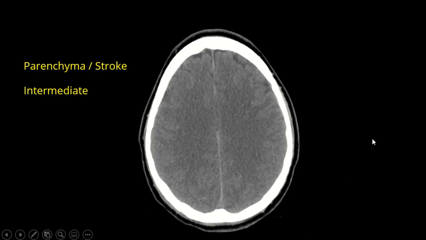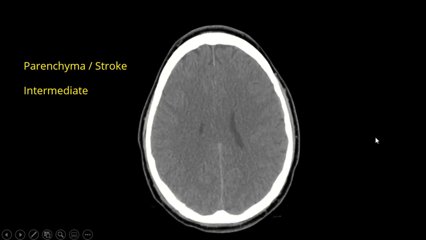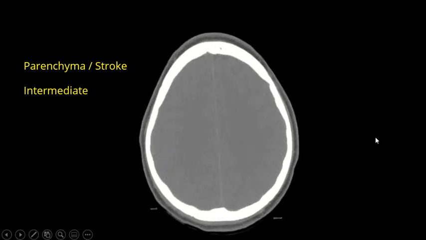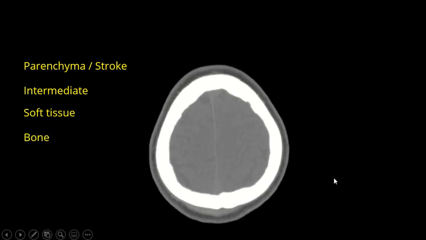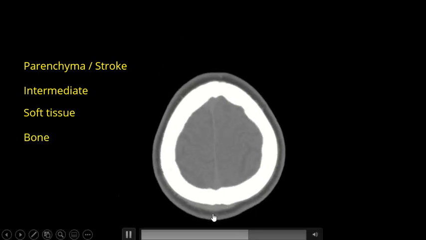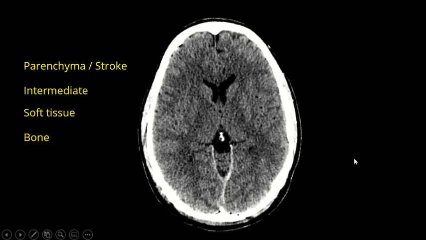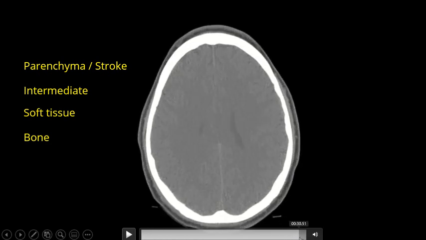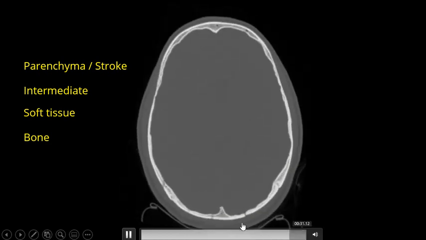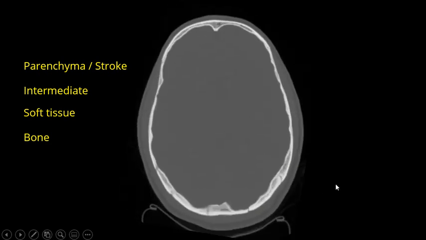Now that I saw the extraaxial collections, I want to evaluate for any soft tissue injury. I move to a soft tissue window, which shows me the subcutaneous soft tissues. I can see the subgaleal hematoma. And finally, to a bone window image. That can show us the associated fractures in this case.